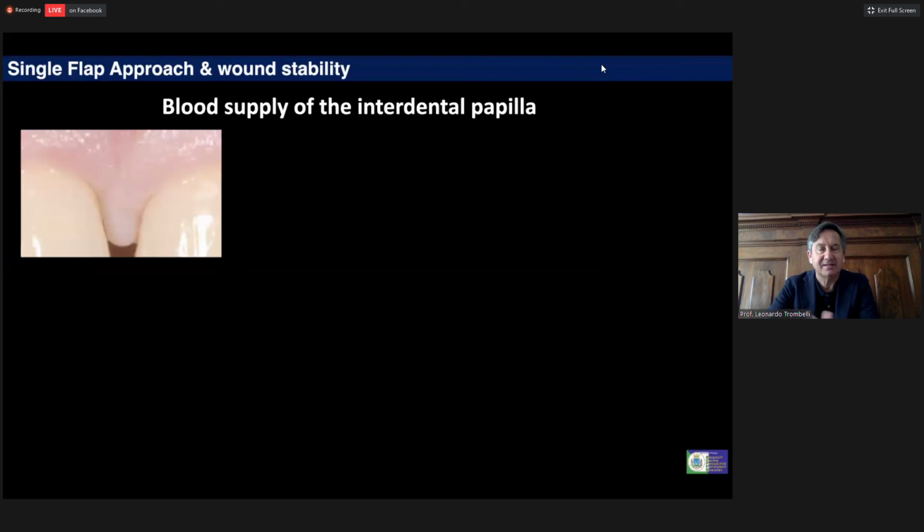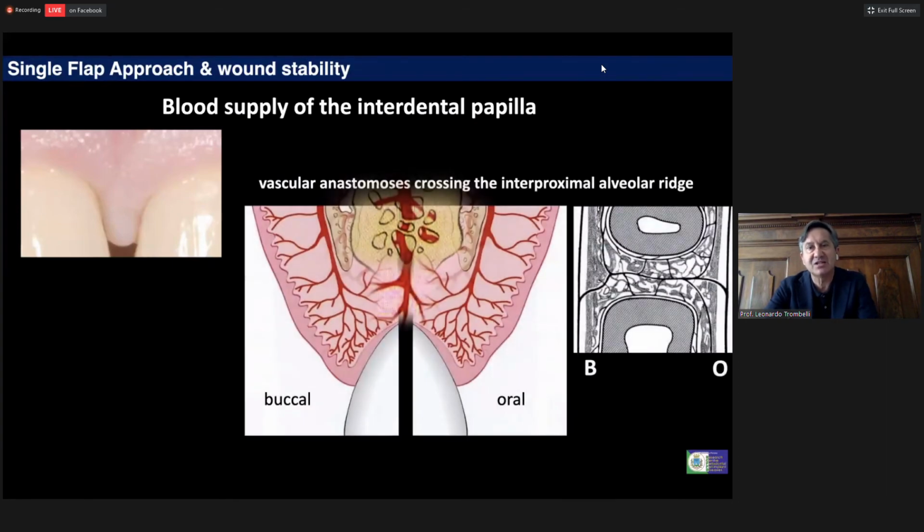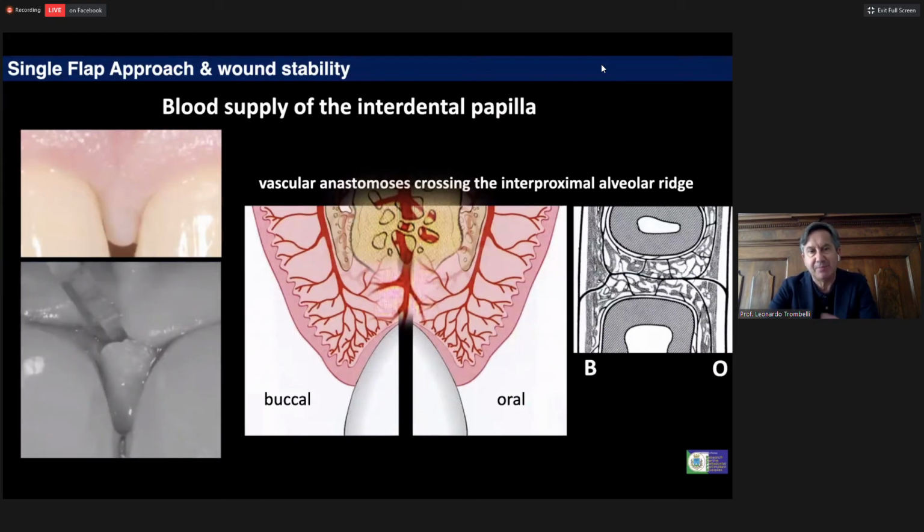And why is that? The idea is that if you take into consideration the blood supply to the interdental papilla, you have to realize that there's a rich vascular anastomosis crossing the interproximal area, going from the buccal to the oral aspect and vice versa. And when we cut the butt joint incision at the base of the papilla, we are interrupting just the buccal blood supply, whereas we may take advantage of the fact that the vascular anastomosis is bringing nourishment to the incision line and to the buccal aspect from the oral side.